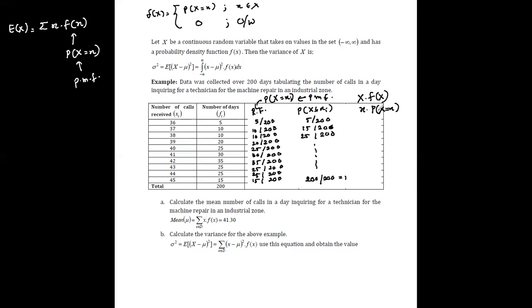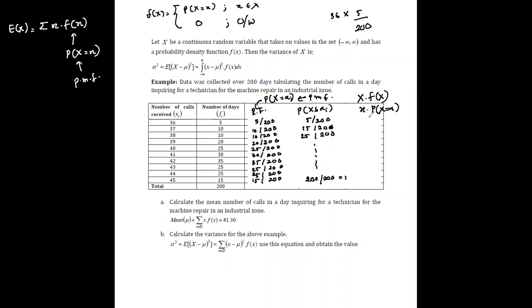If I perform one calculation, here it is 36 into 5 over 200. Therefore, the first row is 36 multiplied with 5 over 200. To perform this calculation, simply multiply 36 by 5 and divide by 200.